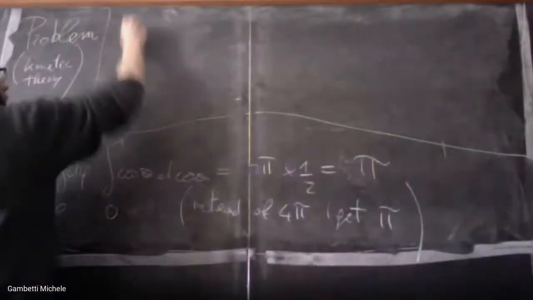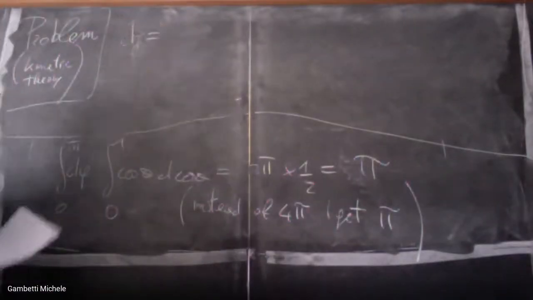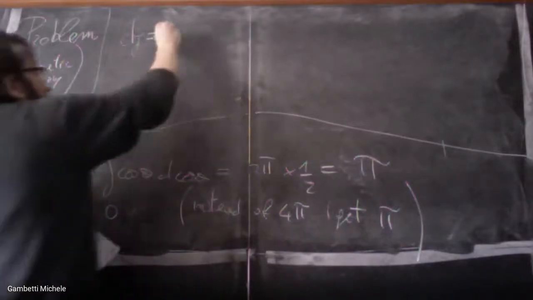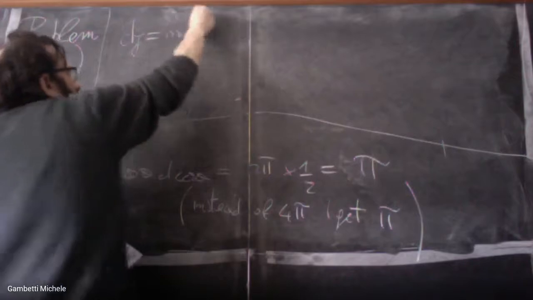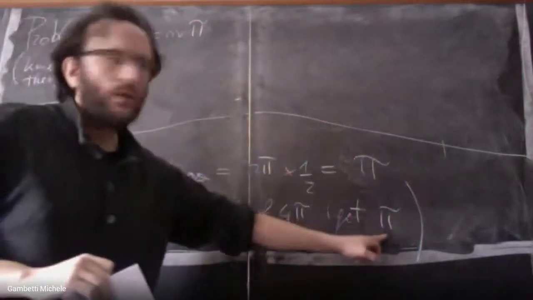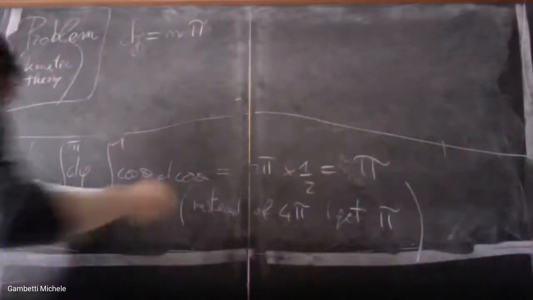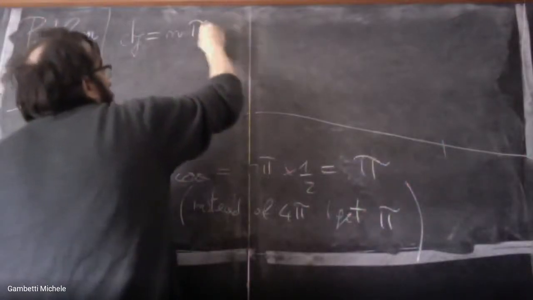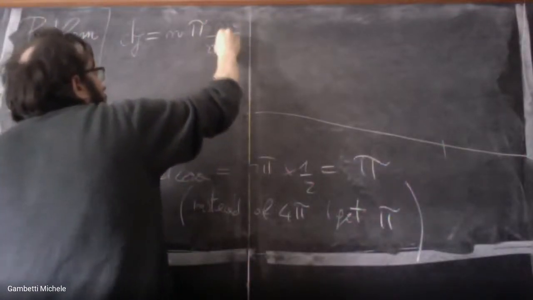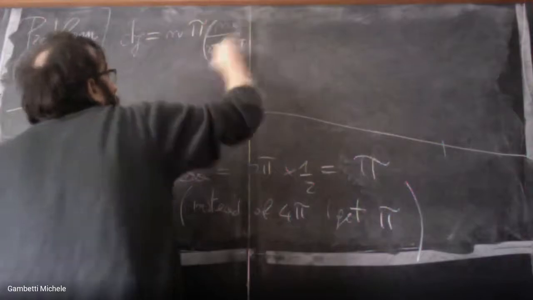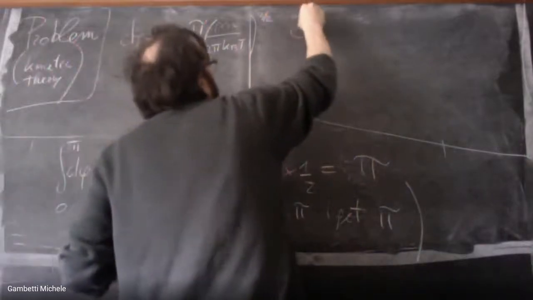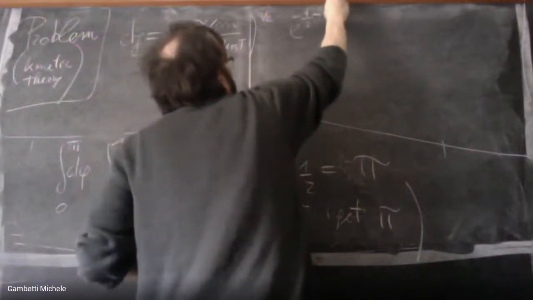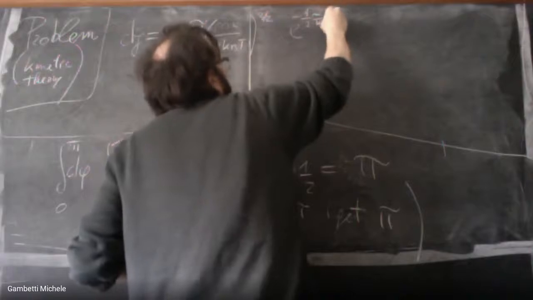Okay, so at the end, dJ is equal to n, which is the density of particles, times pi, which is this factor here, and then I have m divided by 2 pi kBT to the power of 3 half, then I have my exponential of minus m v squared divided by 2 kBT.